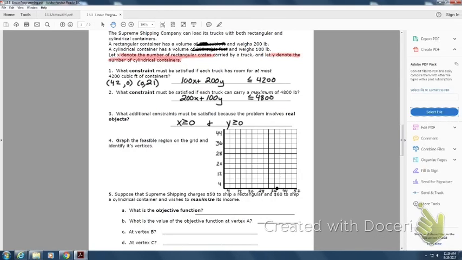So it's about a quarter of a unit above 20. It would roughly be right there. Alright, so take that second one off. It should be between those two.